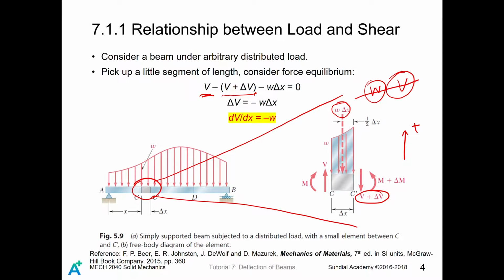So by getting W delta X, you get a downward force, so you subtract it. Then you simplify this expression.